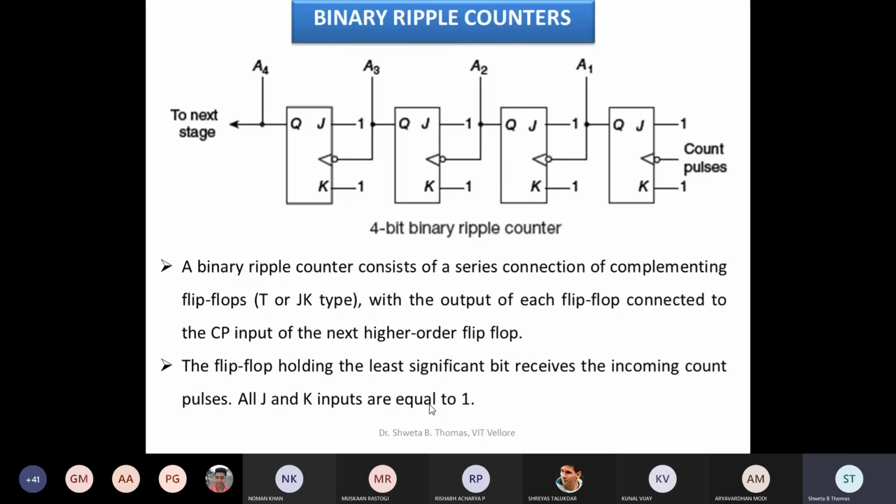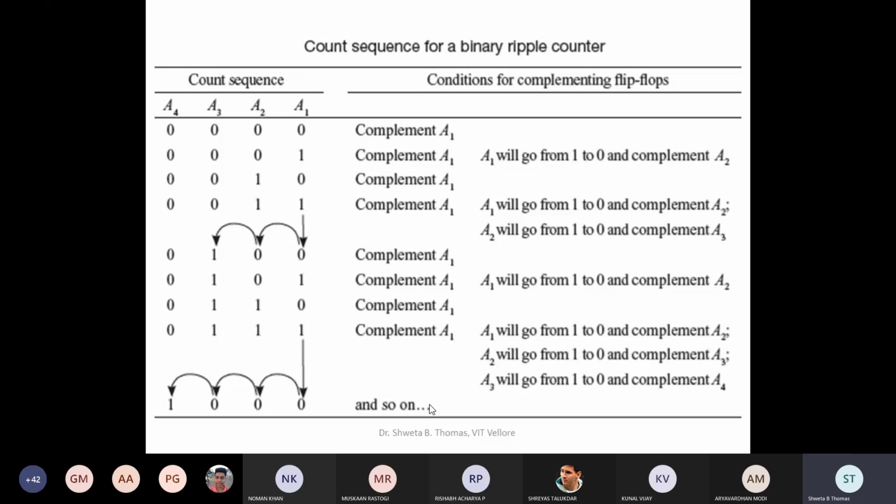So when A1 goes from 1 to 0, because it is working on the negative edge of clock pulses, it will complement A2 and so on. In this way it will work. I'll show you the binary count sequence. Initially, let's assume all 4 are 0: A4, A3, A2, A1 equal to 0, 0, 0, 0.